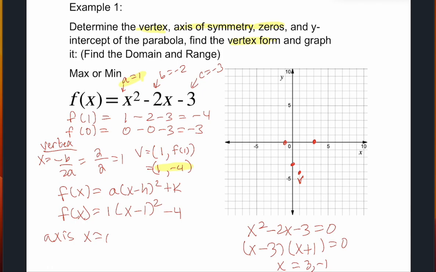Okay, so let's make sure we got everything. We have our vertex, axis of symmetry, zeros. We have our y-intercept. And then let's graph it, and then we'll talk about the domain and range. Okay, so let's put that in there. Perfect. So we've got our little parabola. Now, we did not put on our axis of symmetry, so I would like to do that now.